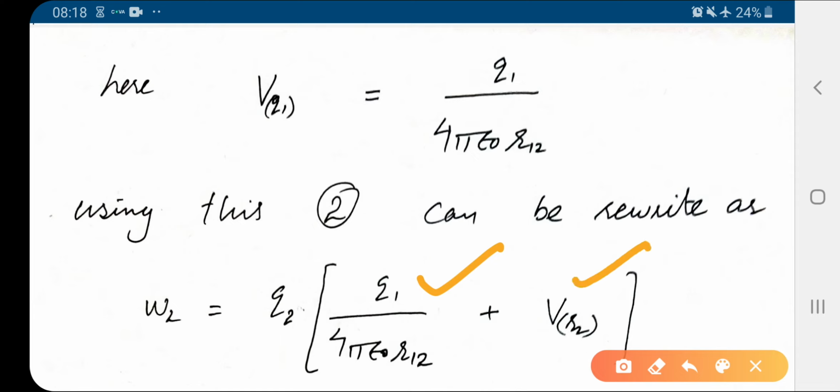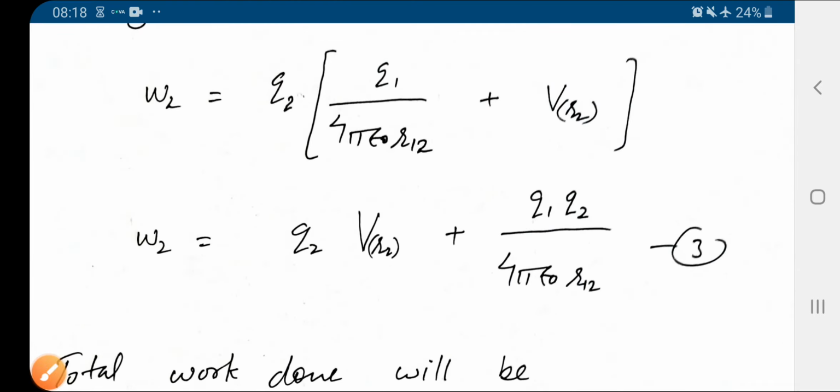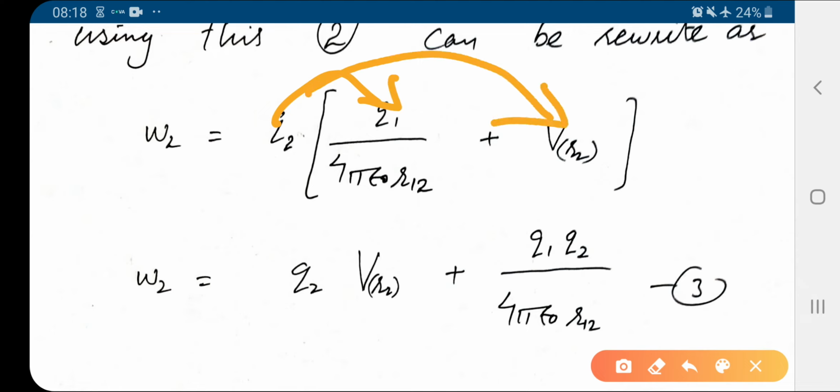So that is the work done for the Q2 charge. Now, what will be the total work done? On multiplying Q2 with this, with the second term we get Q2 into BR2 and Q1 Q2 over 4πε0 R12. So this is point three, which is the work done for placing the second charge.